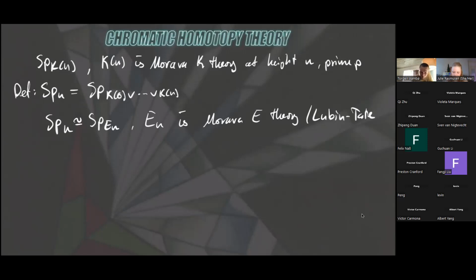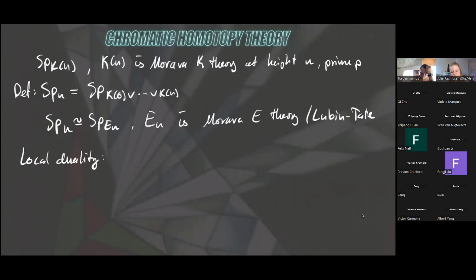Okay, so how are these all related? The way I view chromatic homotopy theory is through the lens of local duality. This is a categorified version of the chromatic fracture square.